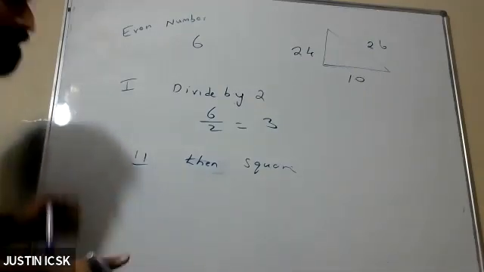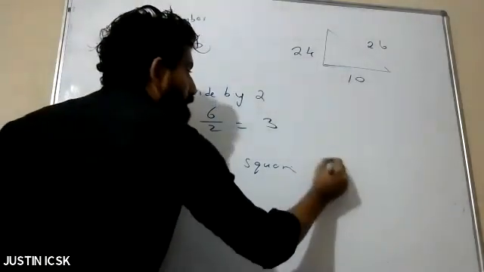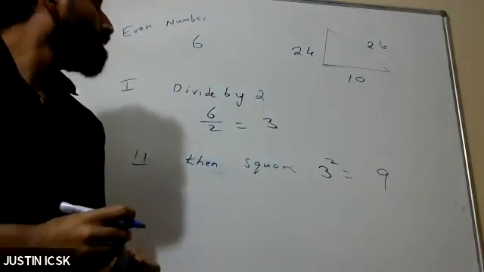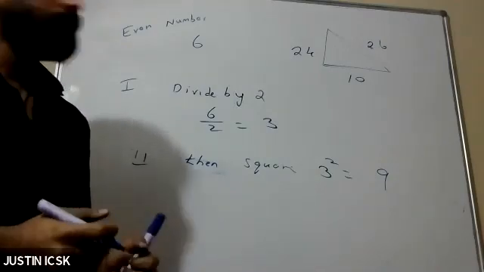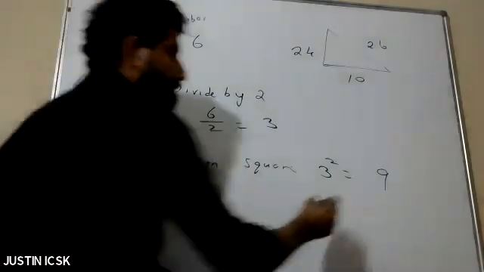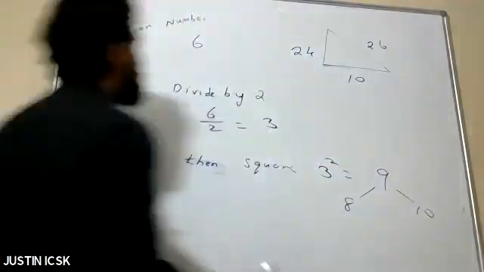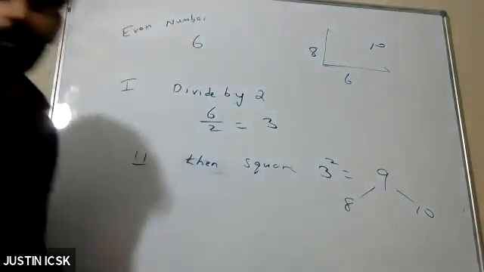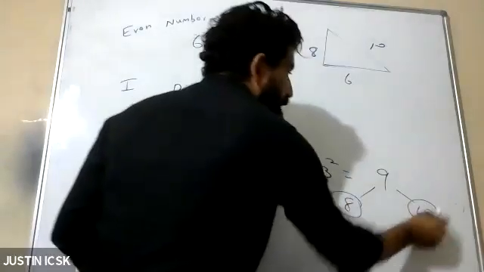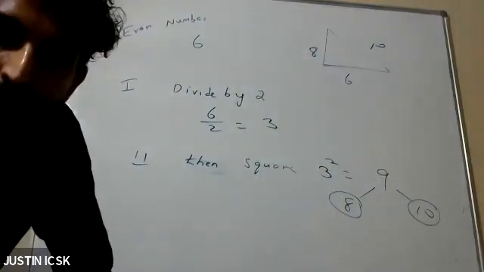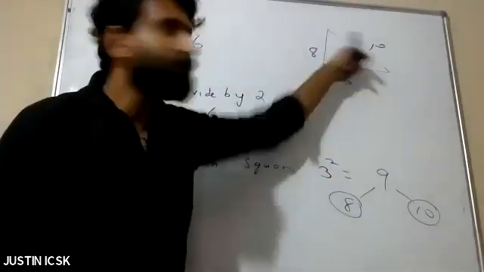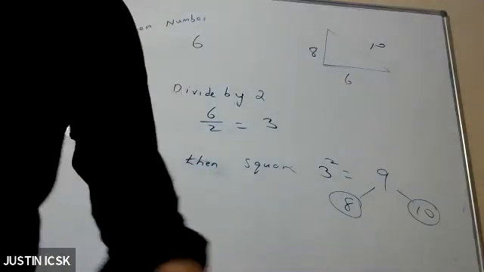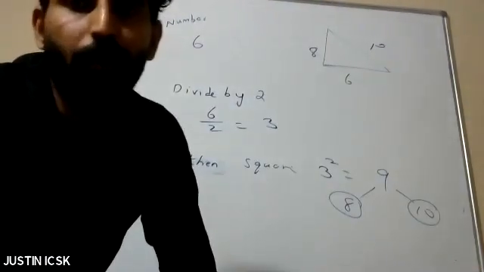Then you square it. Take the both end numbers. You'll get 8 and 10. Because 6 square plus 8 square, you'll get 10 square. So like this, we can find the Pythagorean triplet also.